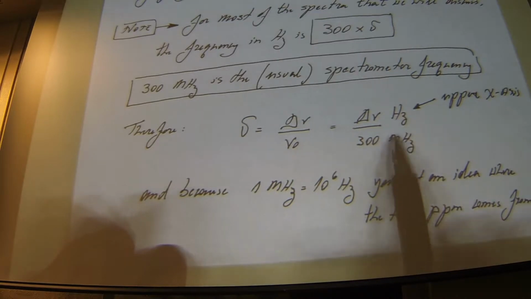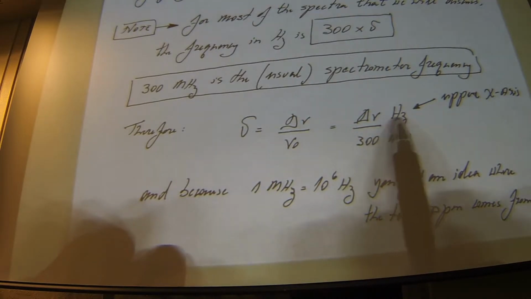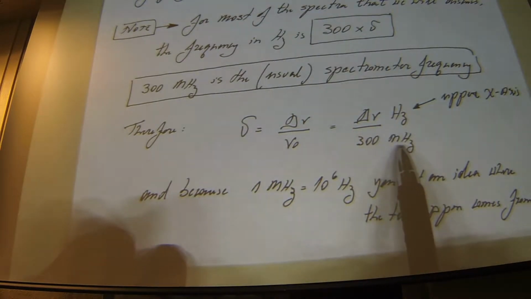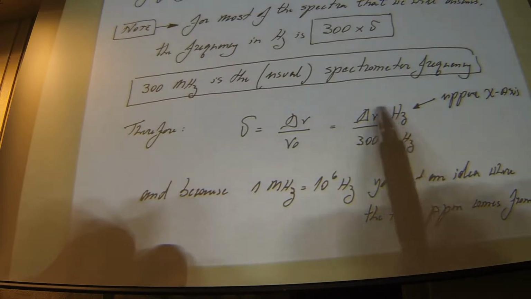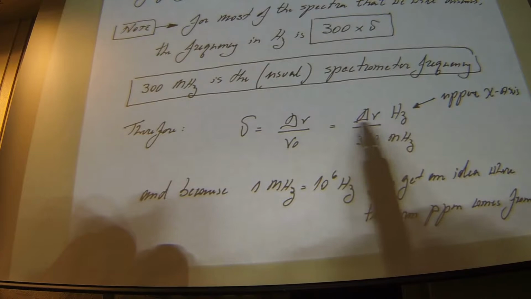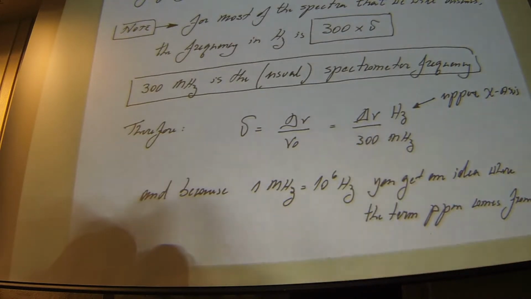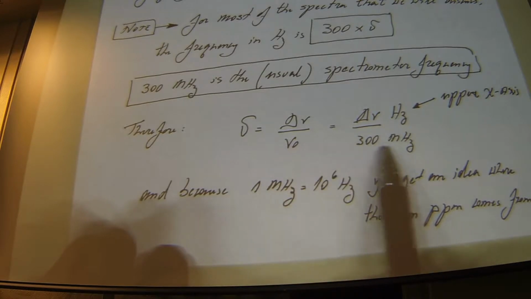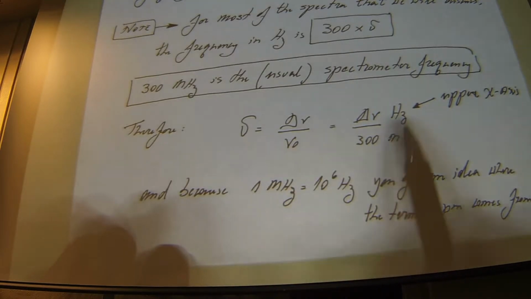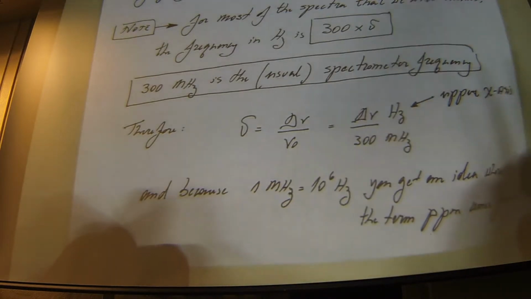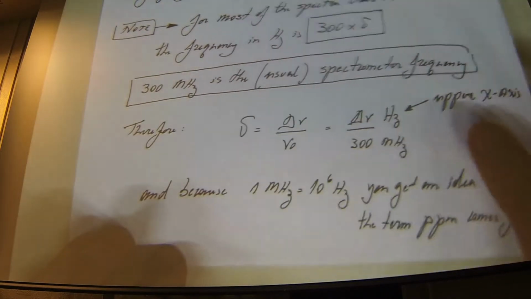Well, it's parts per million because I have a numerator of hertz and a denominator of megahertz. So this gives you something that is a part per million, right? So we measure the difference in frequency in hertz over the spectrometer frequency, which is 300 million hertz, so parts per million.